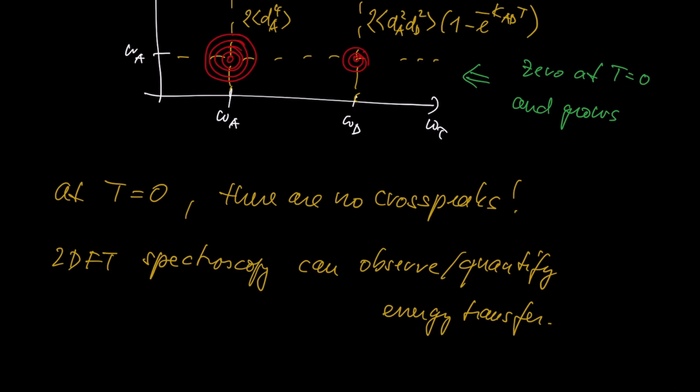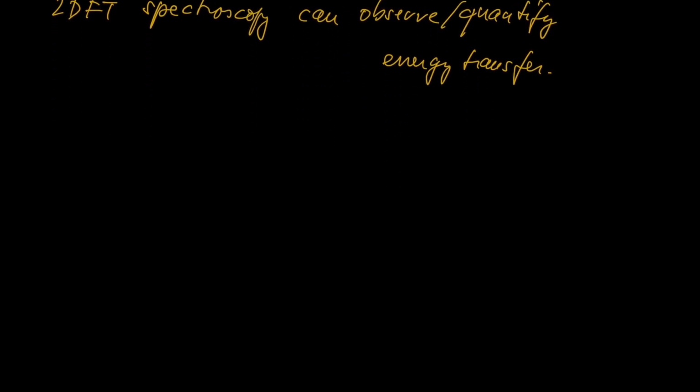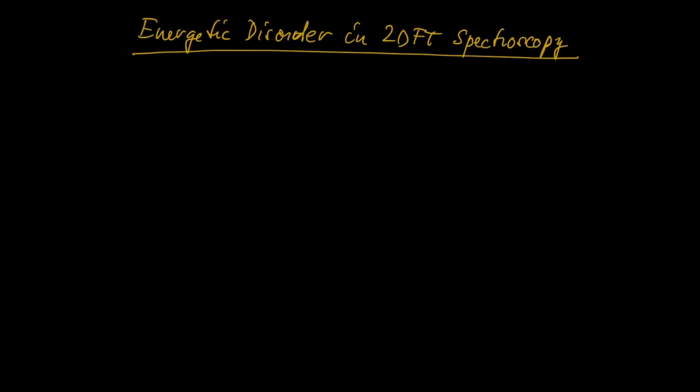You can see it nicely on a two-dimensional plot in your 2D spectrum. An extremely interesting and important feature of the molecules that we can learn about using the two-dimensional Fourier transform spectroscopy is their energetic disorder.